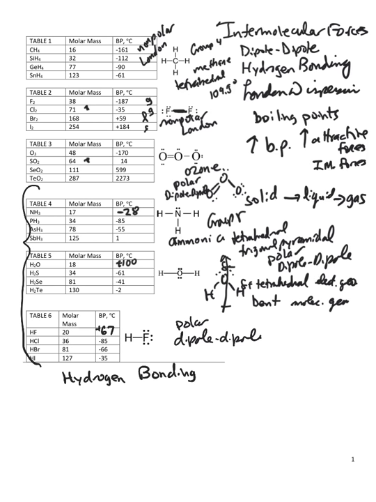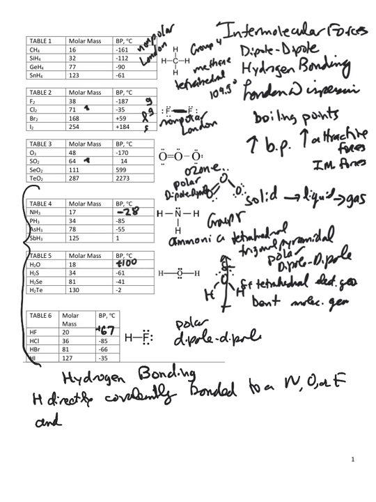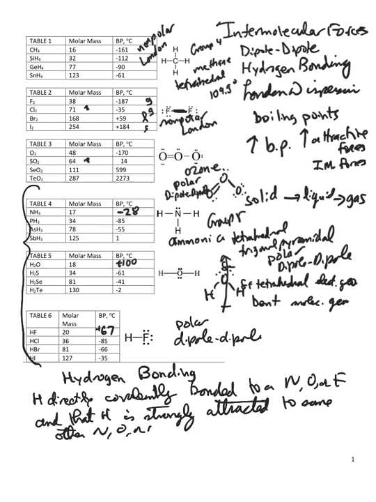So you can identify hydrogen bonding, and that it occurs, when we've got a hydrogen directly, covalently bonded to a nitrogen, oxygen, or fluorine, and that hydrogen is strongly attracted to some other nitrogen, oxygen, or fluorine.